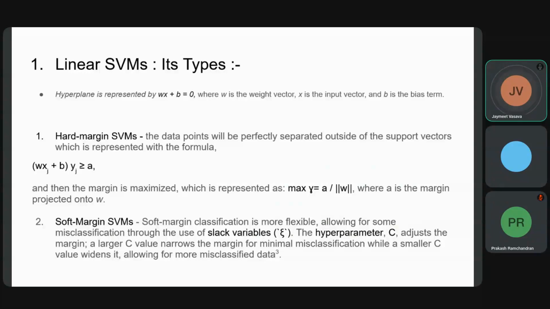As yj is the label of the data point, it is typically +1 for the positive class and -1 for the negative class. Lastly, a is the constant that usually represents the margin, which is often set to 1 for the hard margin SVMs.